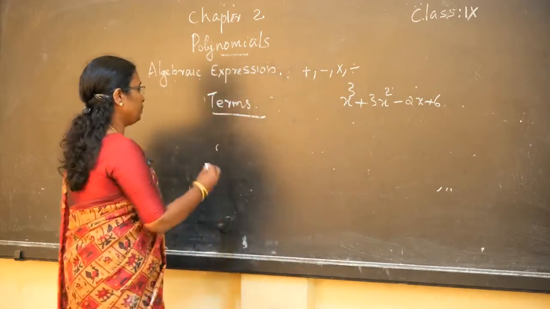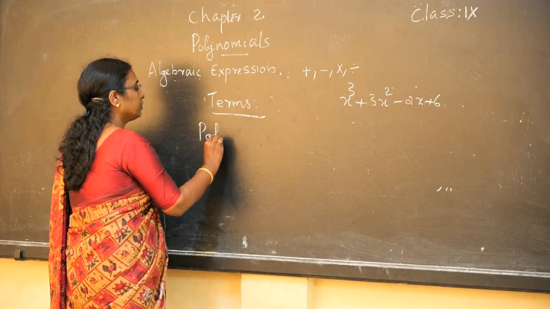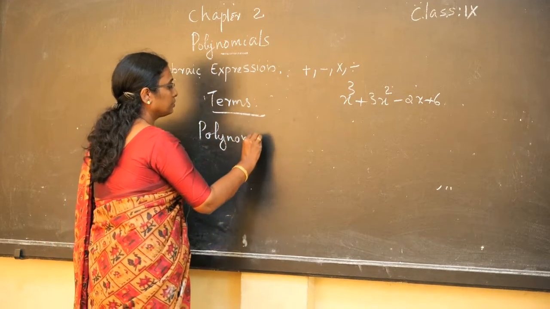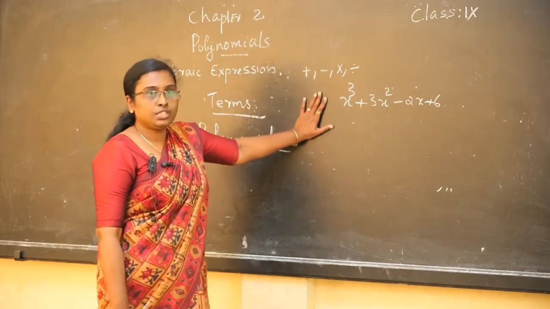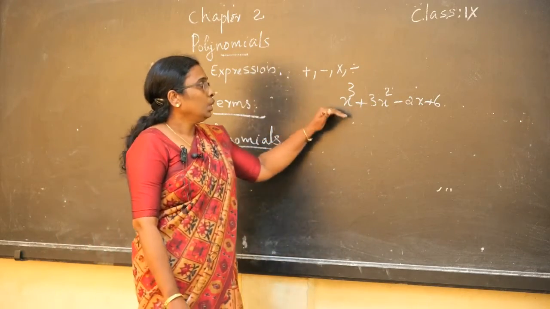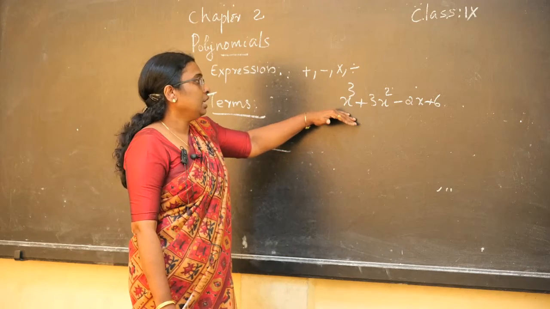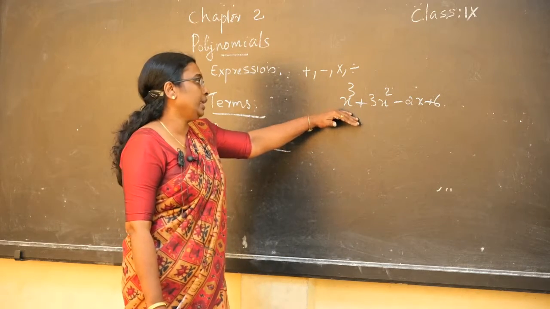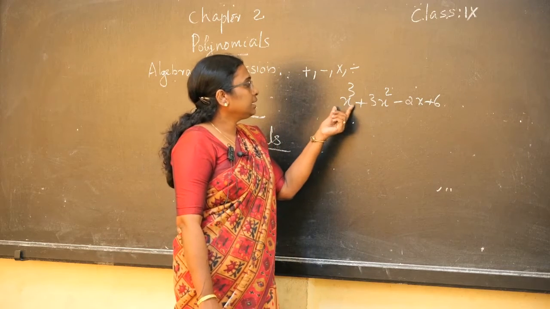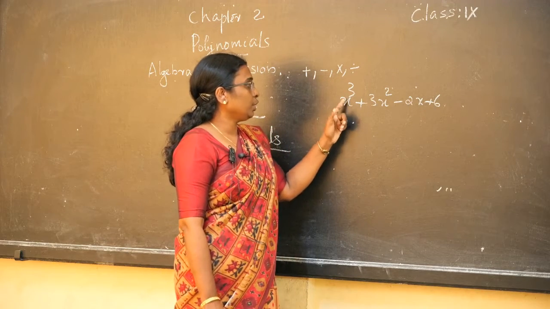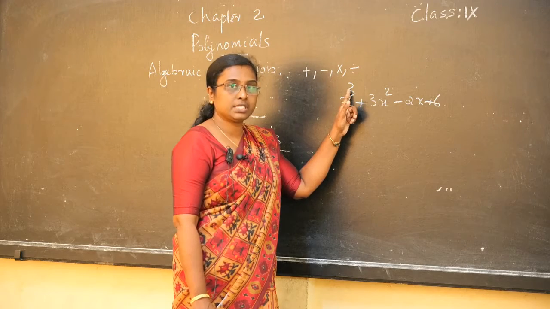Then come to the point, polynomials. It is an algebraic expression whose variable has a whole number as its exponent. Here in this algebraic expression, the exponent of x cube is 3, which is a whole number.